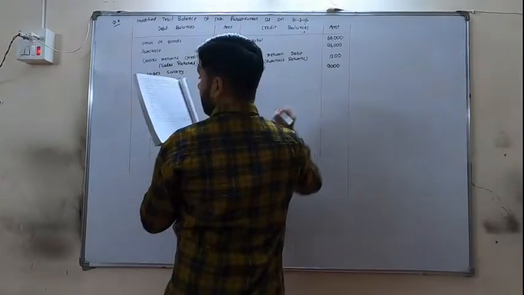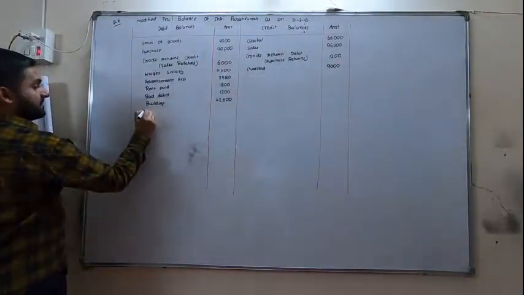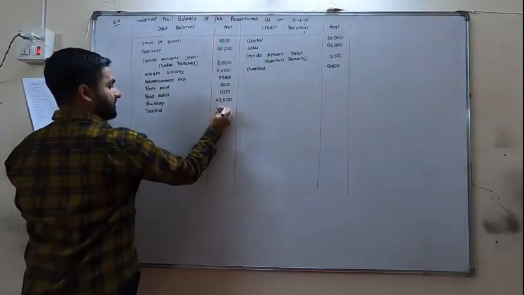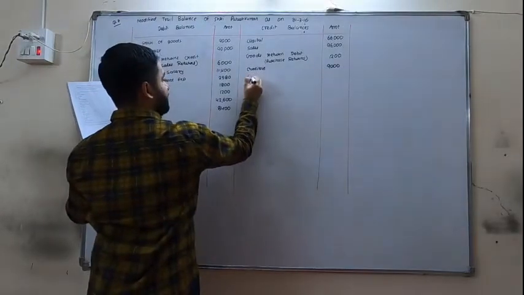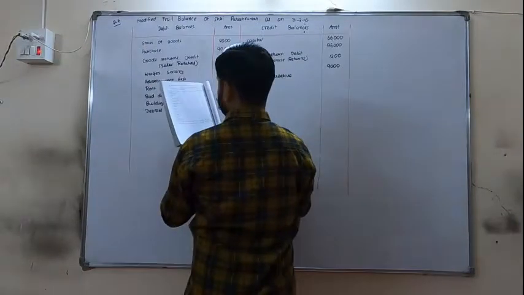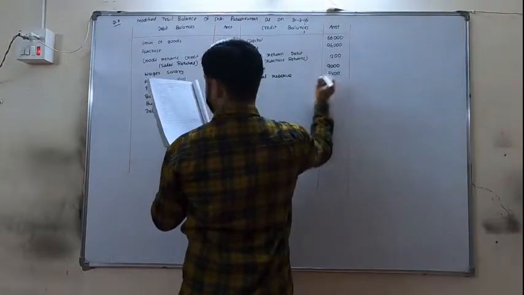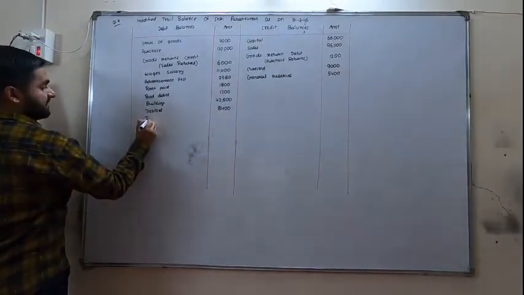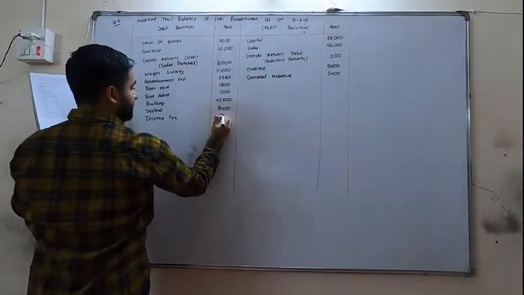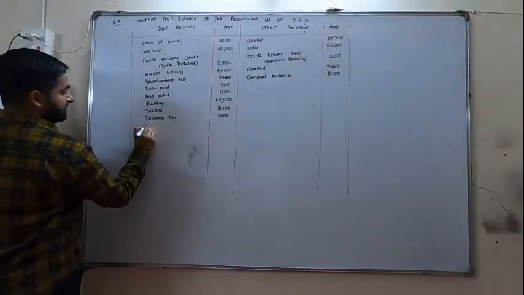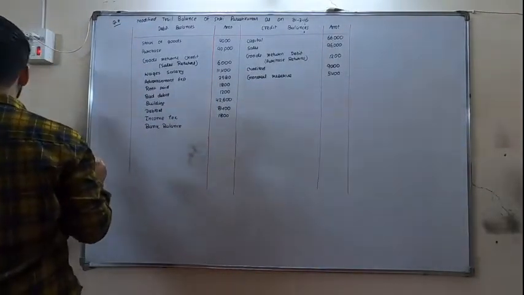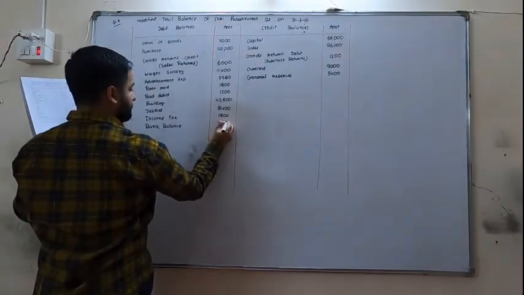Then creditors is our liability, so on credit side creditors 9,000. Then debtors are our assets, so on debit side debtors 8,400. Then general reserve, any type of reserve I said it is having a credit balance, so on credit side general reserve 5,400. Then income tax is an expense, so on debit side income tax 1,800. Then bank balance is our asset, so on debit side bank balance 2,820.